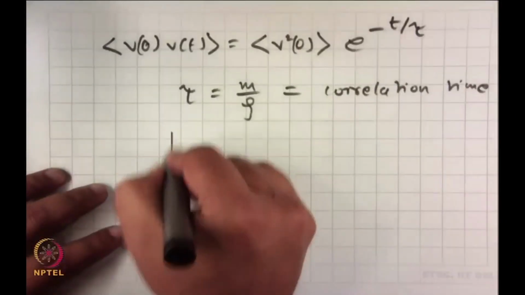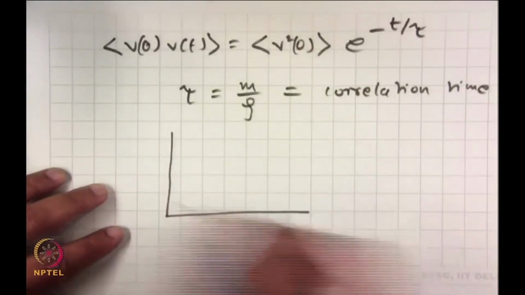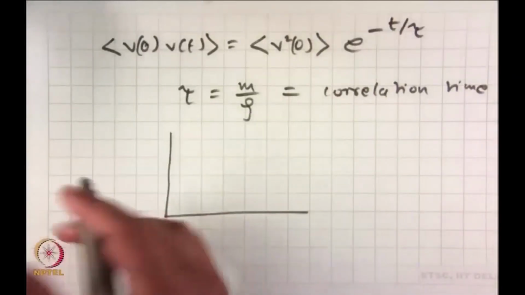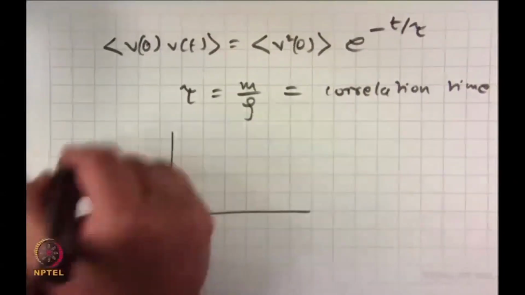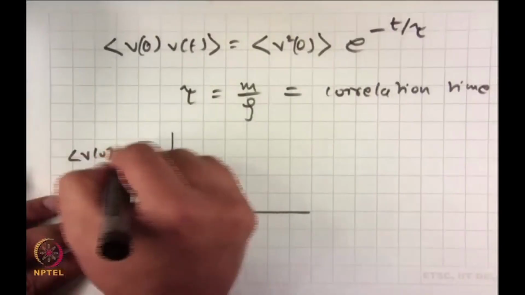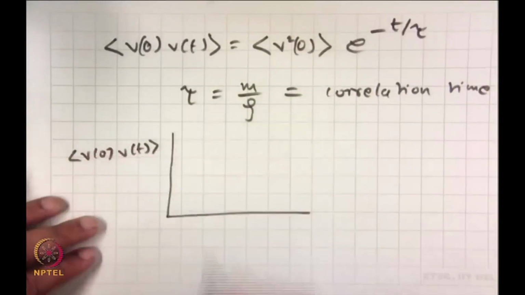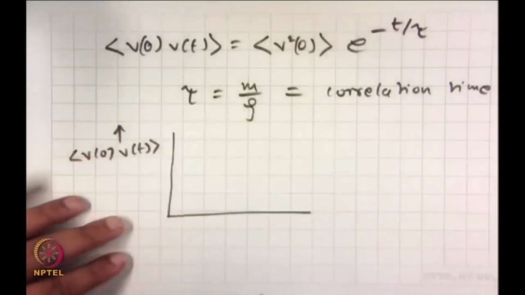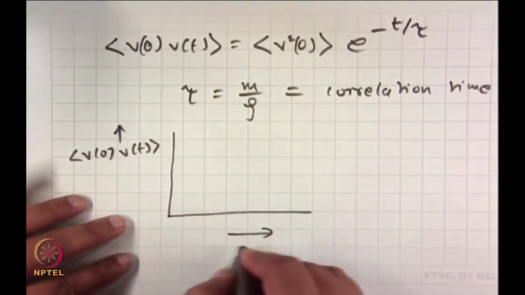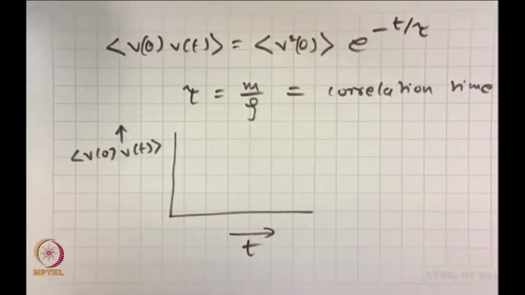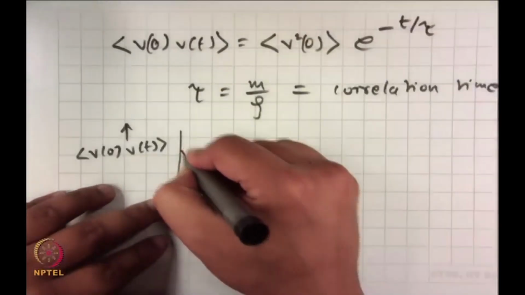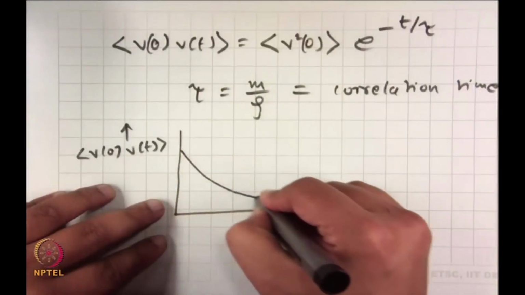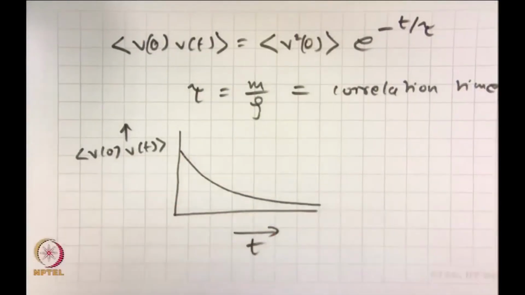So, if I draw the velocity correlation function, v of t, this is your y axis, and if this is time t, then my correlation function will be exponentially decaying, right.